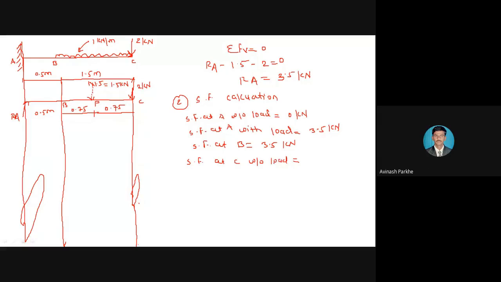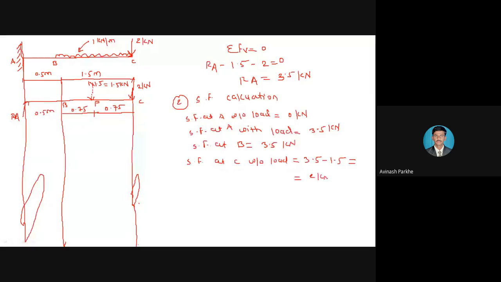Two forces are present. One is the reaction RA, which is moving in the upward direction, and the UDL we have converted into the point load, whose magnitude is 1.5 kilonewton. It is also present to the left side. Therefore, 3.5 is positive, minus 1.5, is equal to SF at point C, you will get 2 kilonewton.